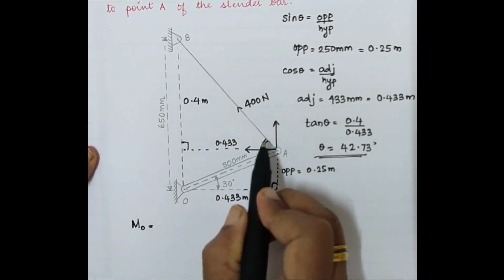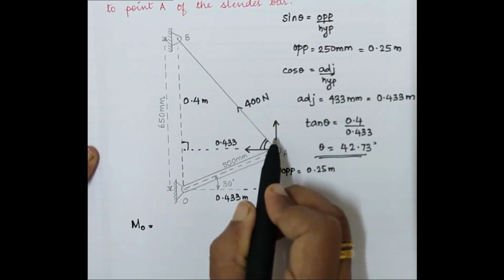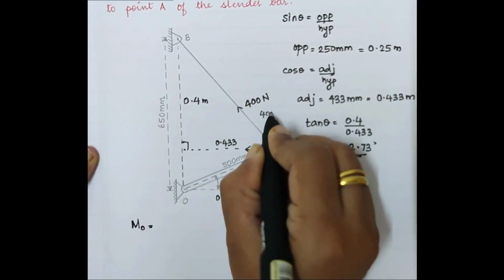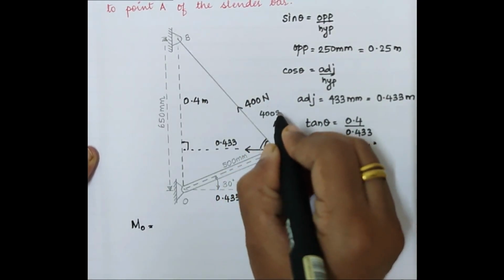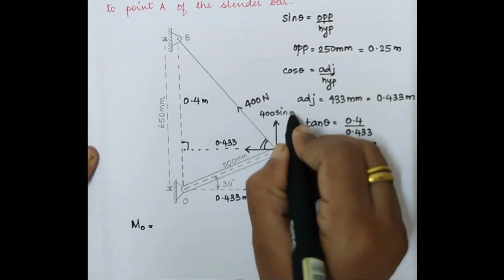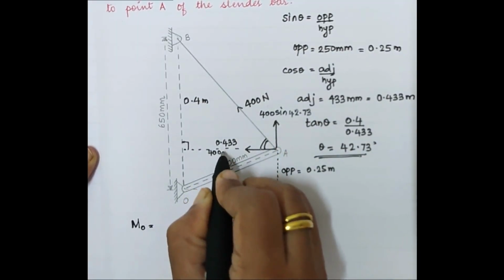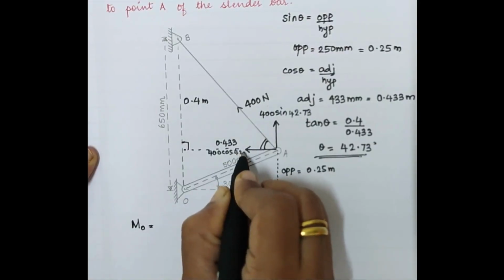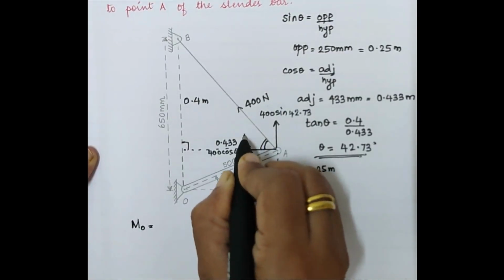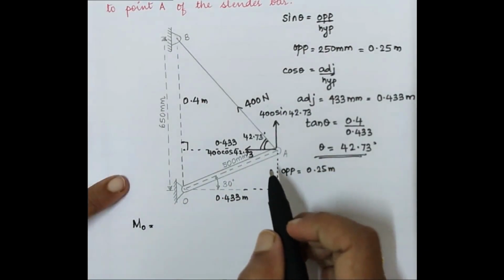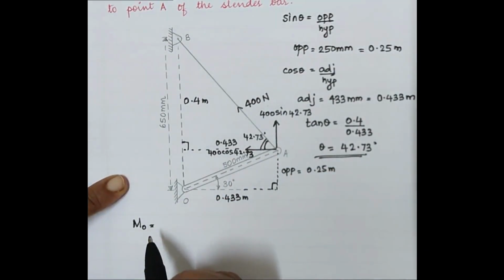Since we have already made the different directions, let us name the forces. So this will be 400 sin 42.73 and this will be 400 cos 42.73, since this angle is 42.73. Now we have to simply apply the equation of moment.